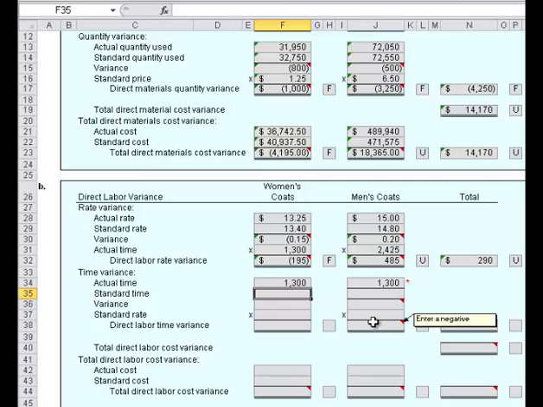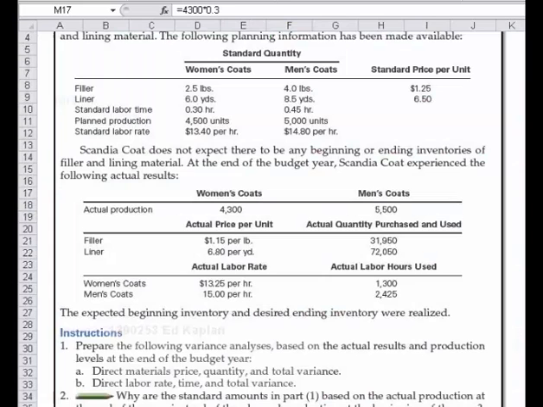Okay, so the next calculation we have to come up with is the standard time. To come up with the standard time, you take the 4,300 women's coats times 0.3, the standard time to make a coat, and that gives you the standard time for women's coats. 4,300 times 0.3 is 1,290, and I'll jot that in here.